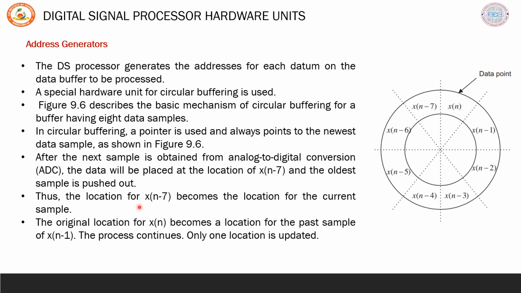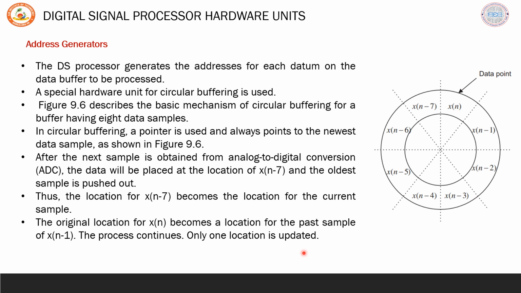Hence, the location x of n minus 7 becomes the location for the current new sample. The original location for x of n now becomes the location for the past sample x of n minus 1, and the process continues, and at a time only one location is updated.